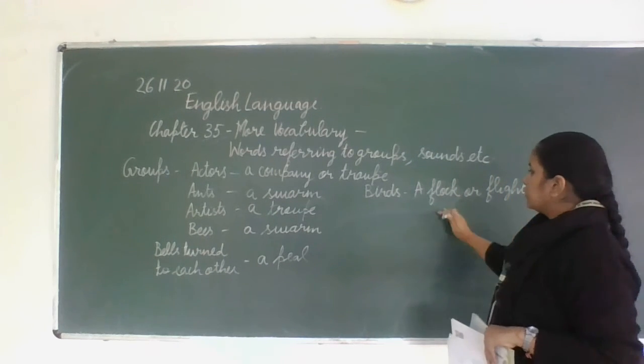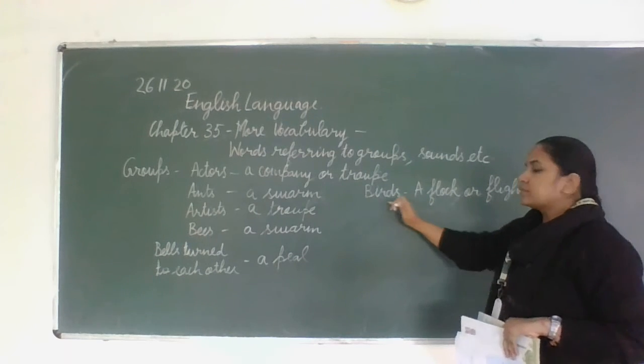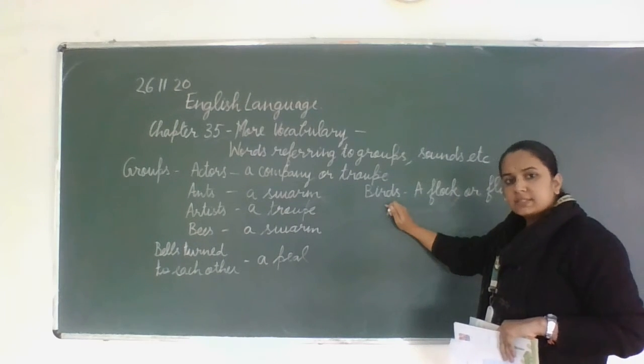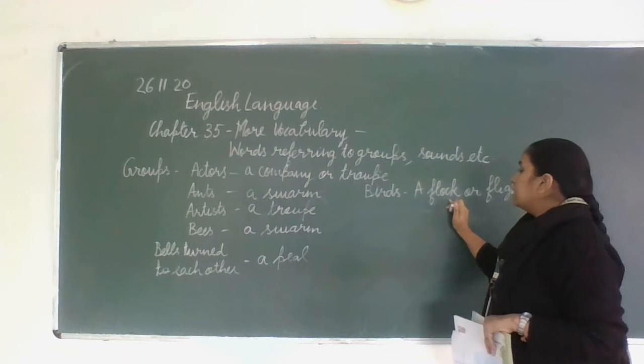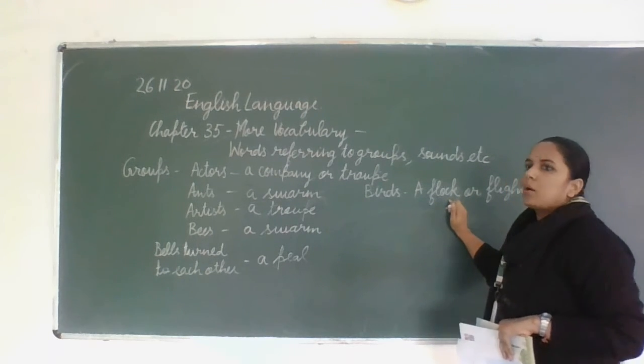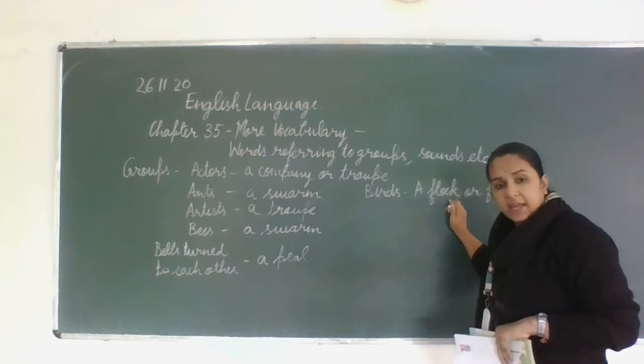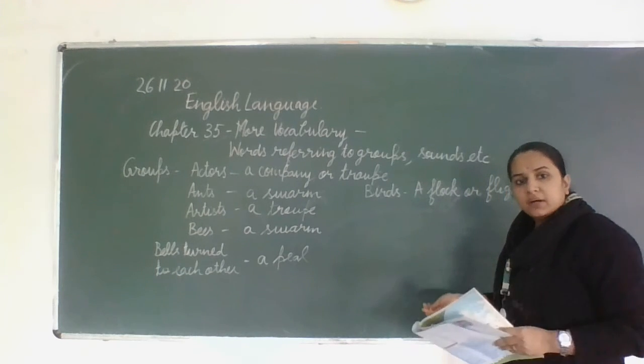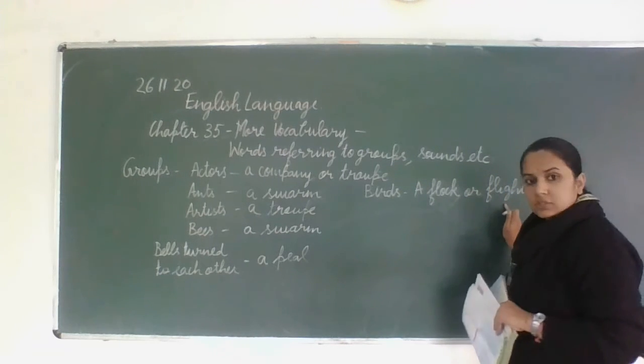Flock or flight, you can use both the terms for the group of birds anywhere, but generally we use flock when the birds are not flying. When a number of birds are flying together, then we use flight.